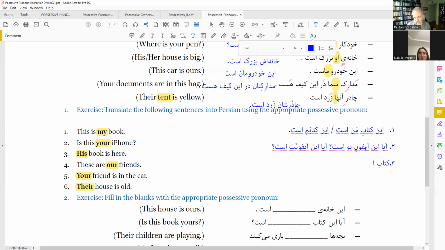"Inja kitabe ast." Well, no, you would start with "inja," it's better. Because "inja" is a kind of demonstrative pronoun for nearness, and in Persian we put "inja" at the head of the phrase. Or at the end, you could also say, well, it doesn't matter.